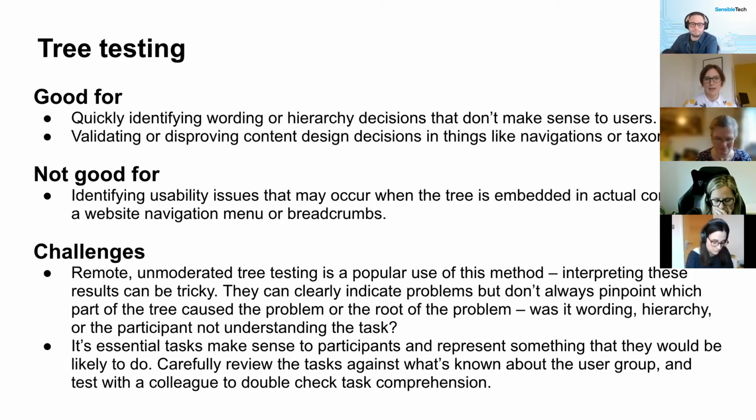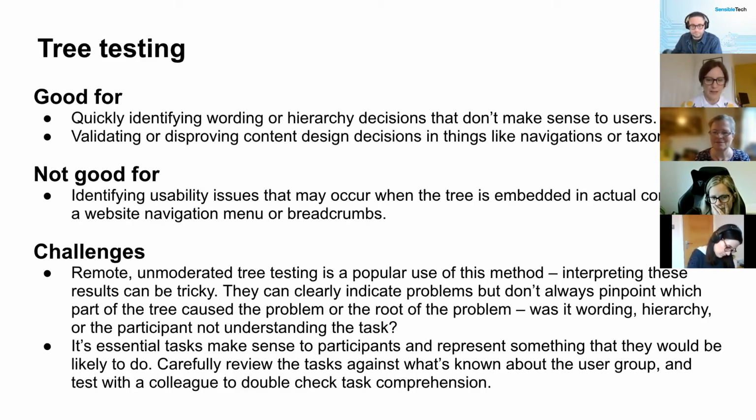So it's about sense checking your content hierarchy decisions, and problems. It's not going to do everything. That's why, again, a variety of different methods is better than relying on any one.